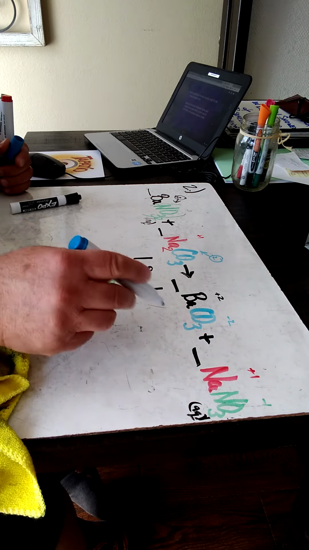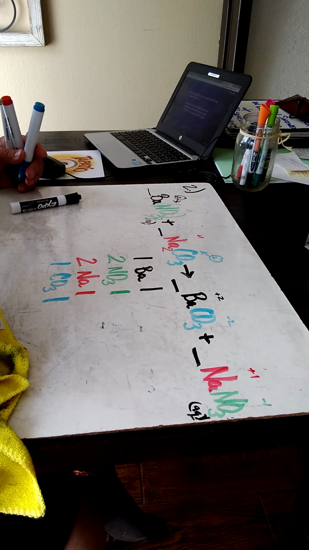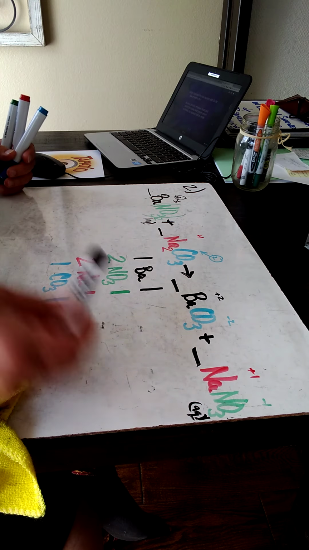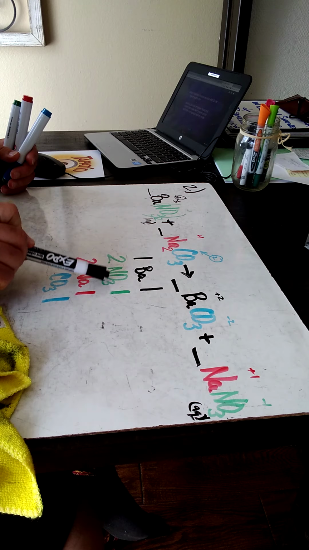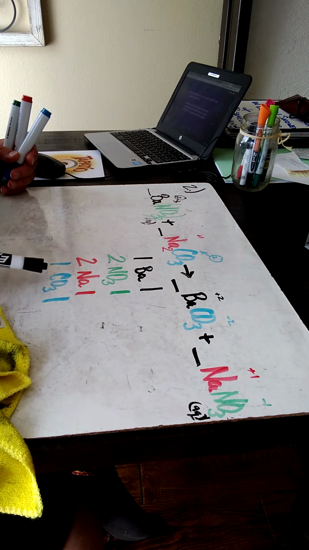All right, so as long as we keep the nitrate together and the carbonate together as a group because they both appear on opposite sides of the equation, then that makes it a lot easier. Otherwise, we got to count every single one of these oxygens as separate, and that's going to be a lot of oxygens to count. So let's not worry about that. Let's keep them as a polyatomic ion.